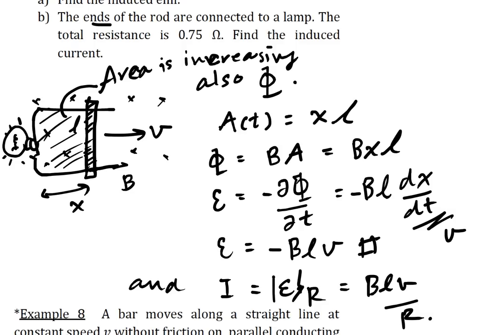So what about the direction of the induced EMF? Again, we have increasing flux because of the increasing area. Now the change in the flux with the right hand rule is in the clockwise direction, but the EMF with the minus sign here, in contrast, is in the counterclockwise direction.